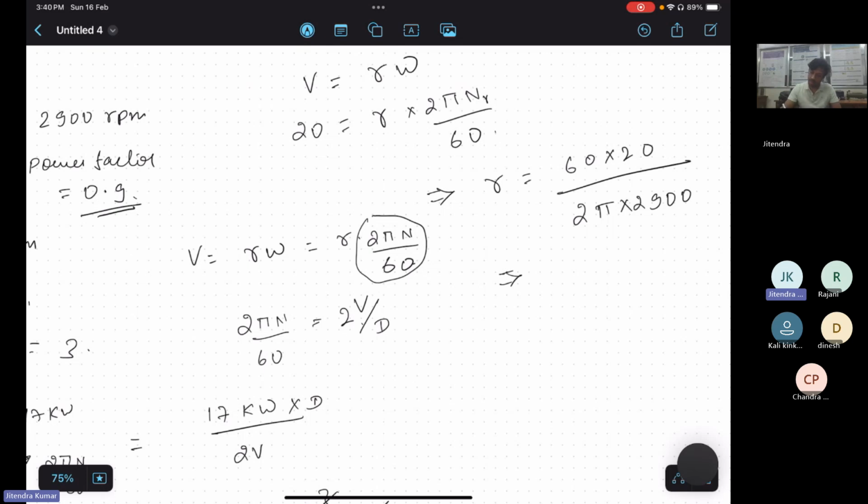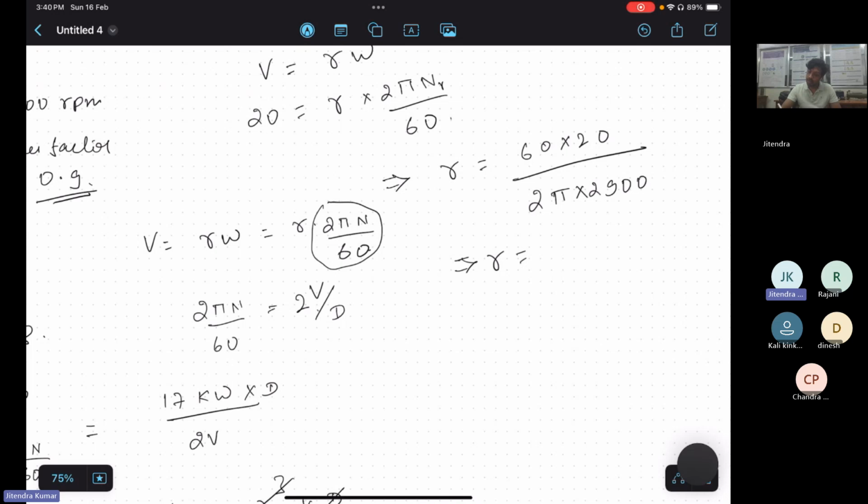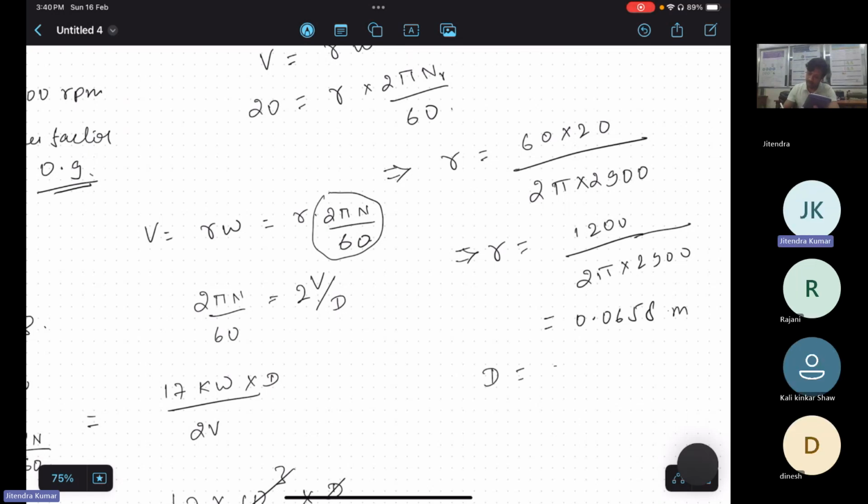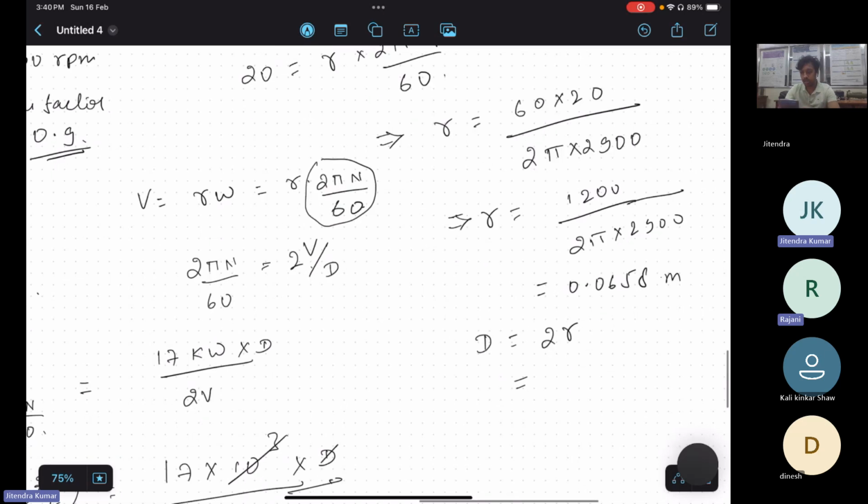So the radius of the rotor will be 1200 divided by 2 pi into 2900, which is 0.0658 meter. So D will be 2 times R, that is 131.6 mm, the diameter of the machine.